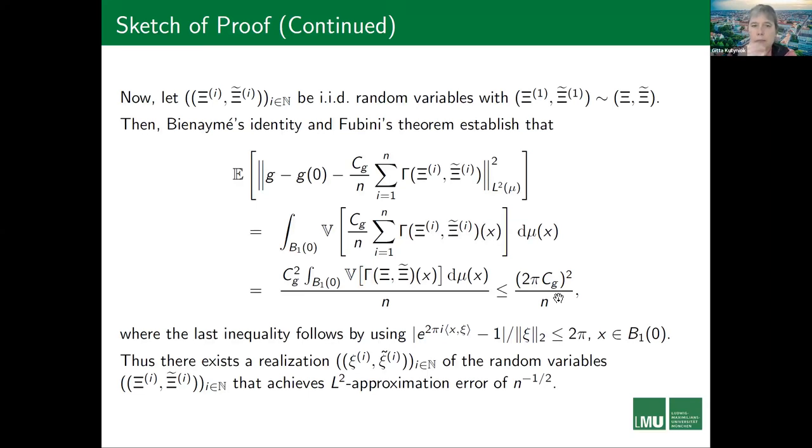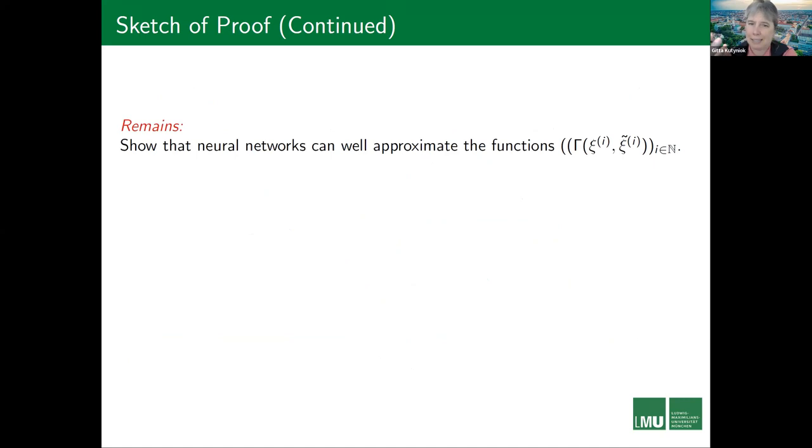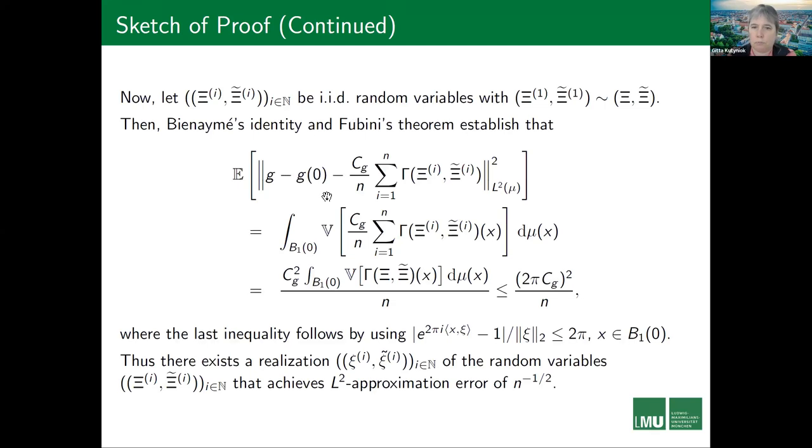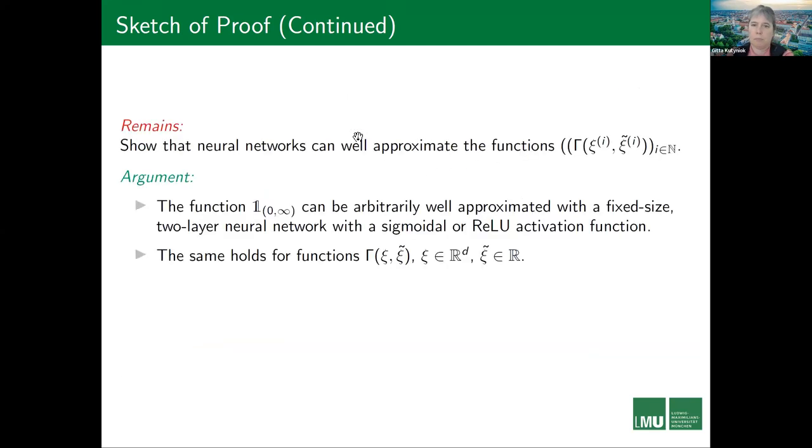Once you have that, you need to show next that neural networks can actually approximate this function. But this can be done. As I said, this function consists of characteristic functions of 0 to infinity. These can be approximated by ReLU activation functions.